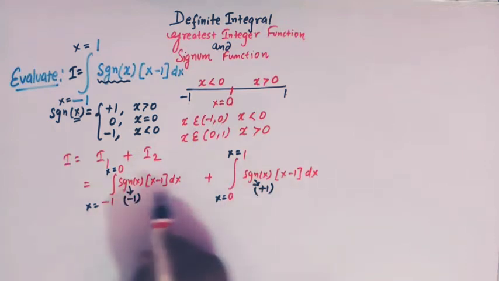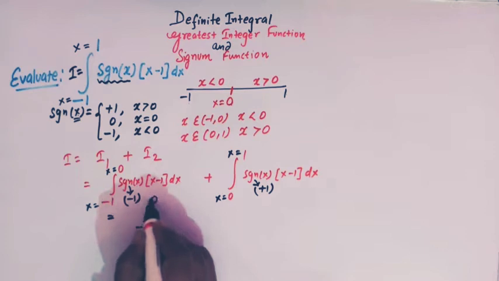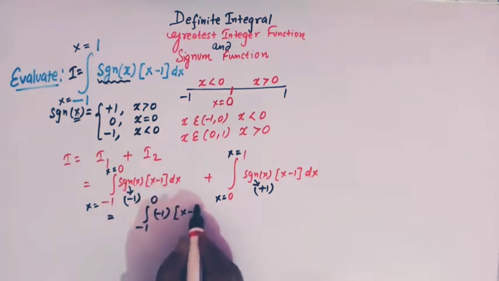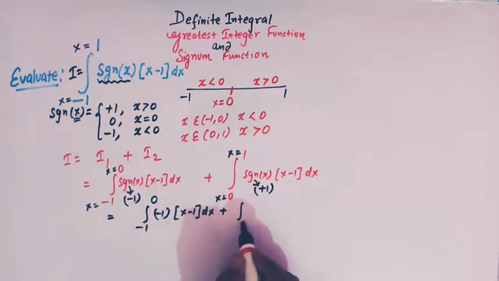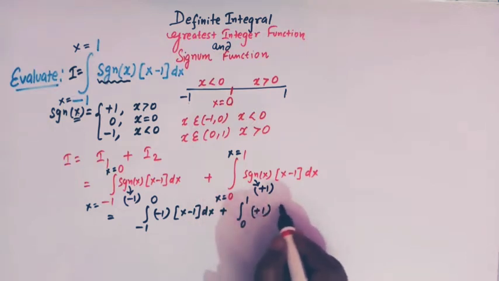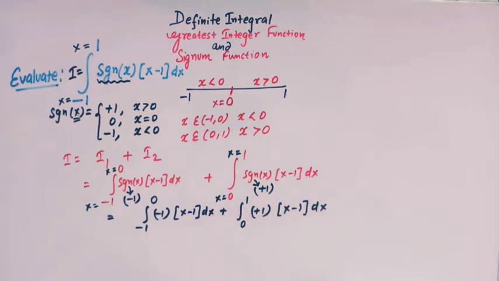So now these two integrals can be written as: from -1 to 0, we have -1 times greatest integer x minus 1, dx, and from 0 to 1, we have plus 1 times greatest integer x minus 1, dx.